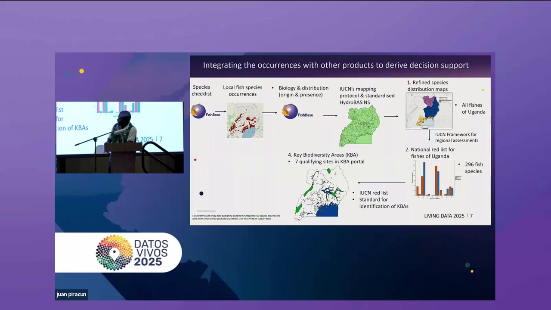And this is another tool that is important in guiding development, because these key biodiversity areas can be excluded from development or guide better mitigation measures. So from all this information so far, we have 7 sites which have qualified as key biodiversity areas and are now under review within the global KBA portal.